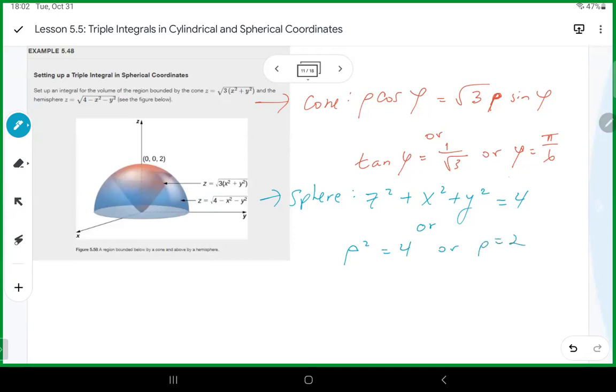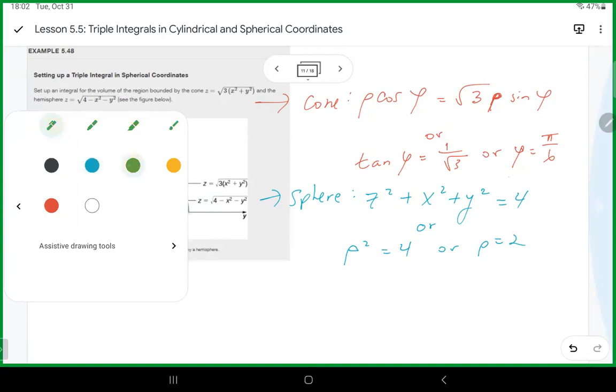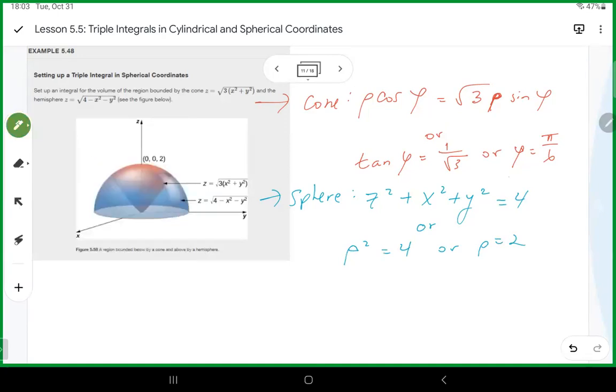Okay. So that's telling us that the volume is going to be 0 to 2 pi, 0 to pi over 6, and 0 to 2.